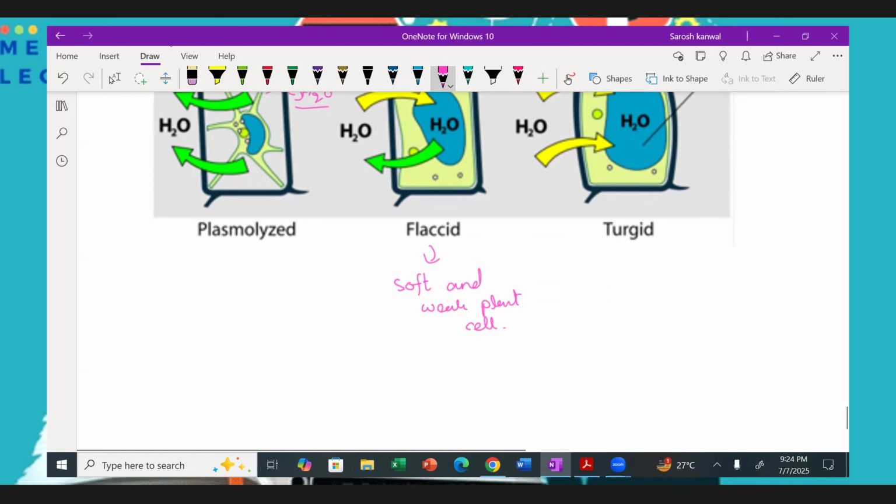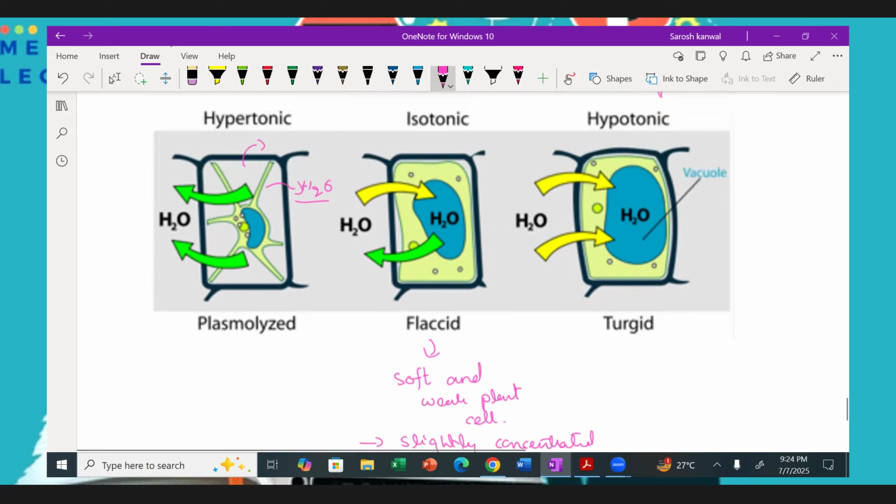Or you can say that's when you have put it into a lightly concentrated solution, right? That is the case. While the turgid one is when you have more water molecules outside the plant cell.